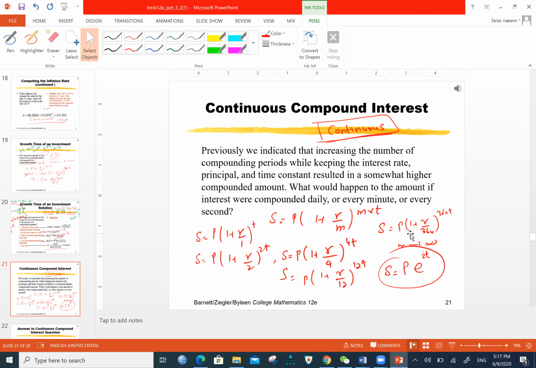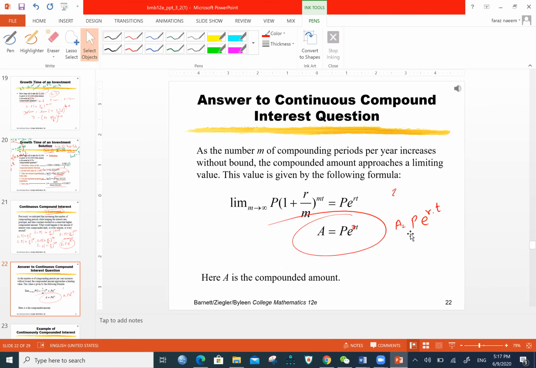If you don't see the word continuous in the statement, you will never use the compound interest continuous formula. Sometimes, or even most of the time, when students are confused which formula they need to use, they just go for compound interest continuous and they get 0.